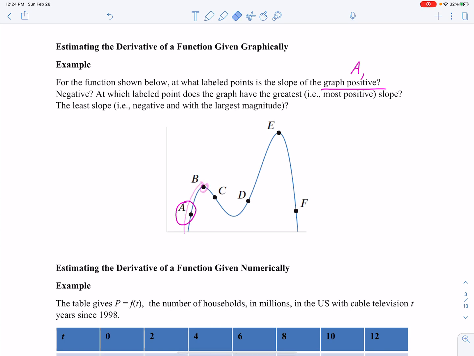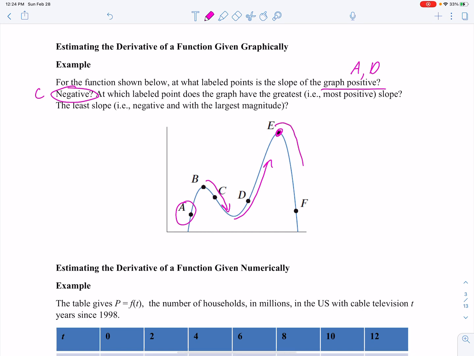But as we come over B, C is going down, right? I know that I should have separated these, I'm sorry. Negative slope, so decreasing function, so that's at C. As we come around here, though, we notice again the y values are getting bigger, increasing function, so positive slope at D. E again, like I said, that's a 0 slope, but we'll talk about that in a little bit.